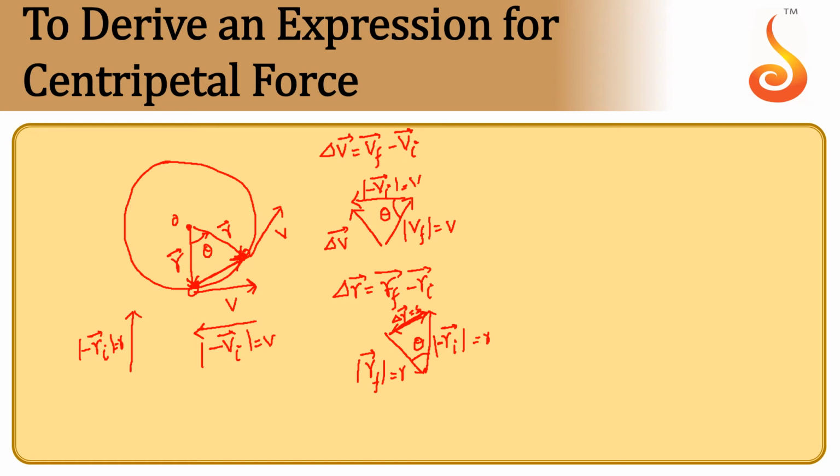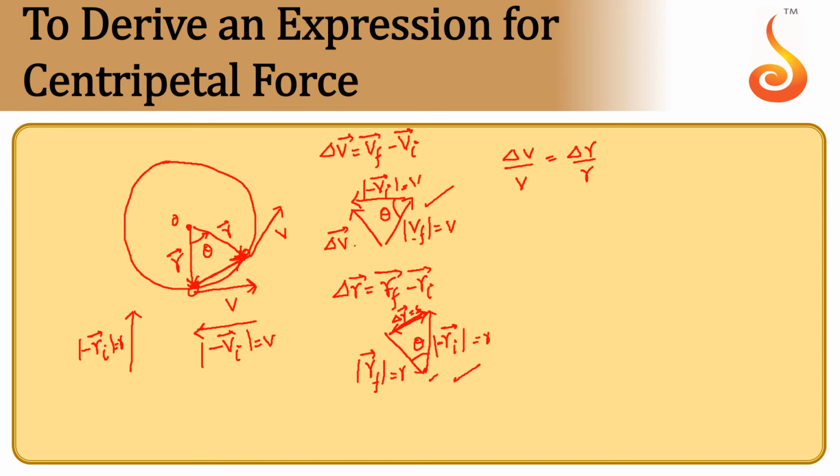That means if you look at these two triangles, the sides of both triangles are the same, and the angle between v and r is also the same. So these two are similar triangles. So we can write delta v by v equals delta r by r, the change in velocity by velocity as change in radius by radius.